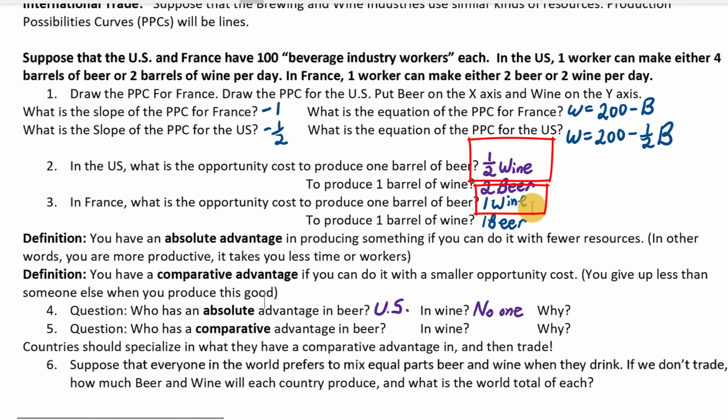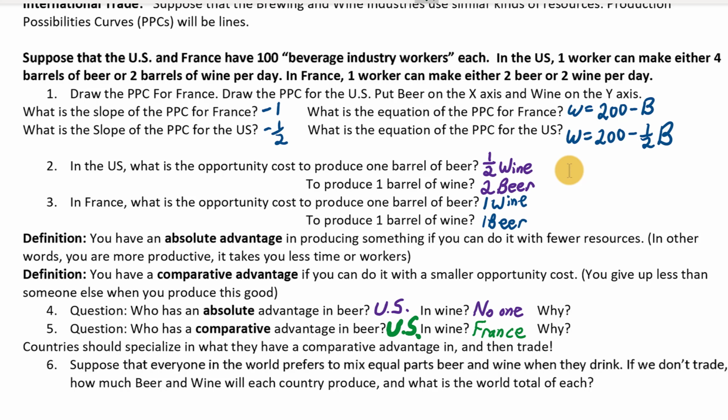So whose opportunity cost is less? The United States. So the United States has a comparative advantage in making beer. Who has a comparative advantage in making wine? If the United States produces a barrel of wine, we have to give up 2 barrels of beer to do it. However, in France, they would only have to give up 1 barrel of beer to do it. So France has a comparative advantage in making wine.